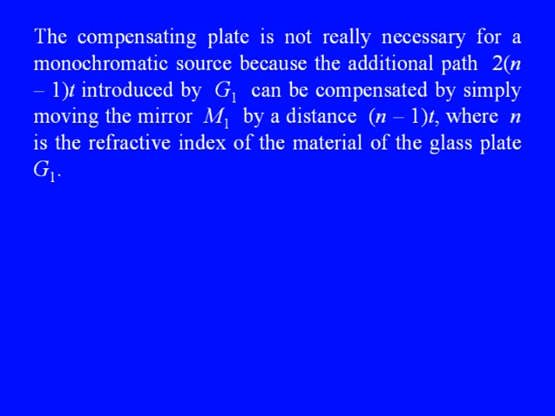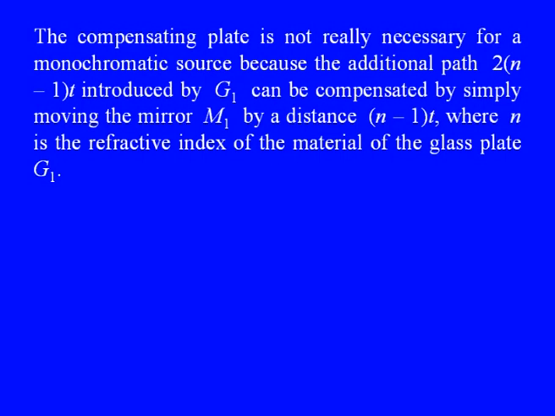same thickness. The compensating plate is not really necessary for a monochromatic source, because the additional path twice n minus 1 into T, n is the refractive index of the material of this compensating plate. This is the additional path introduced by G1.